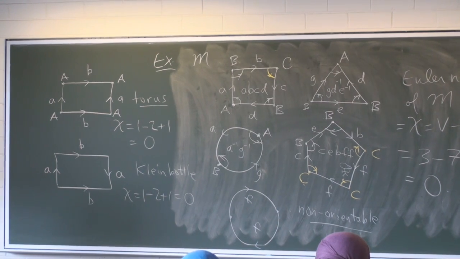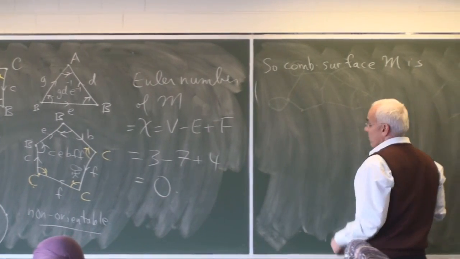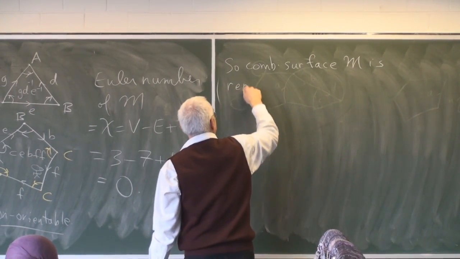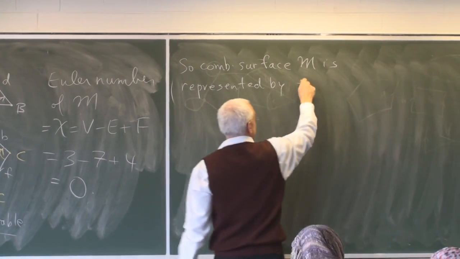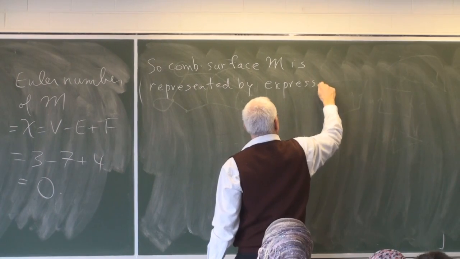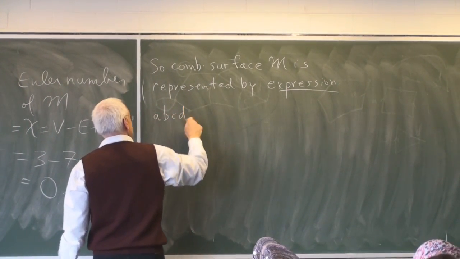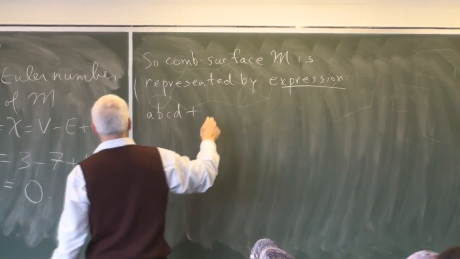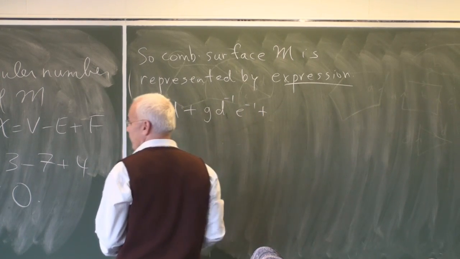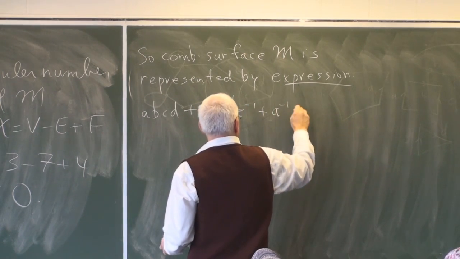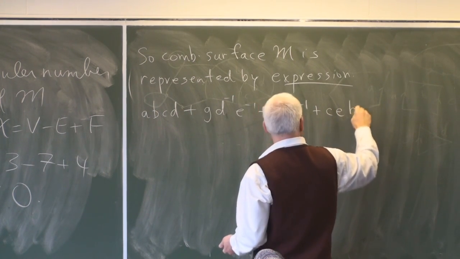So the combinatorial surface, M, is represented by the expression A, B, C, D, plus G, D inverse, E inverse, plus A inverse, G inverse, plus C, E, B, F, F.